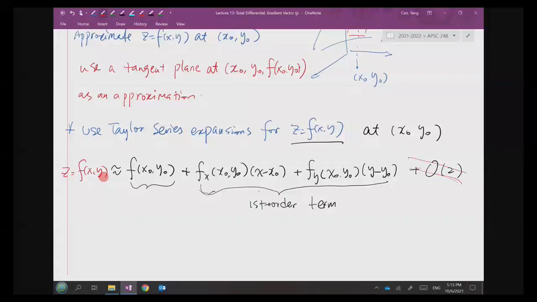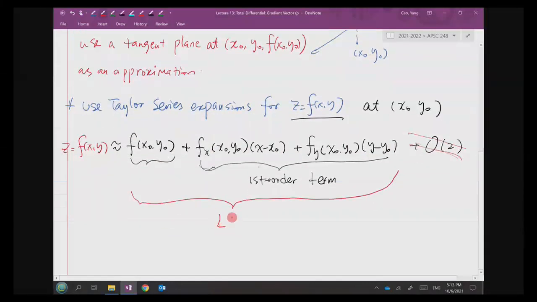Now, if I focus on the right side of this expression, let's call the whole thing on the right side by a new symbol.